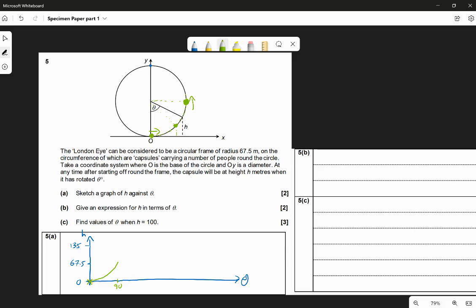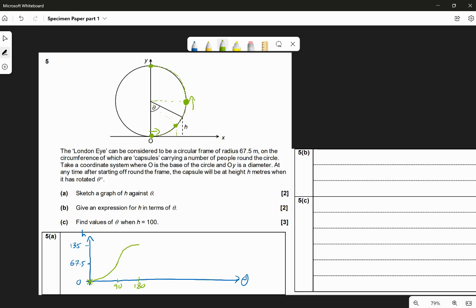Then the height gain slows down up to 180 degrees, where it's at 135 meters off the ground.